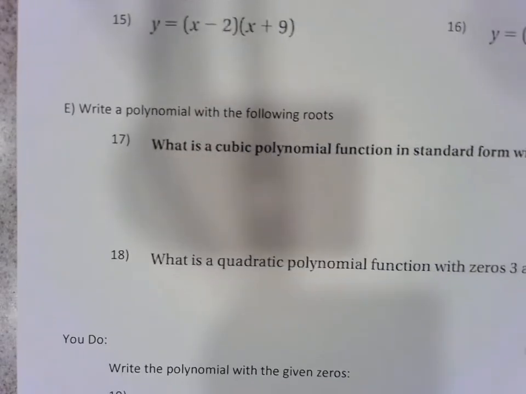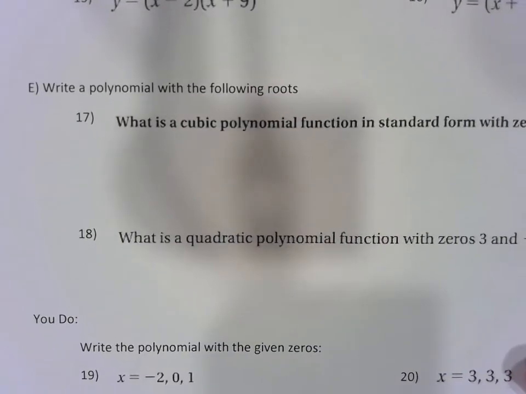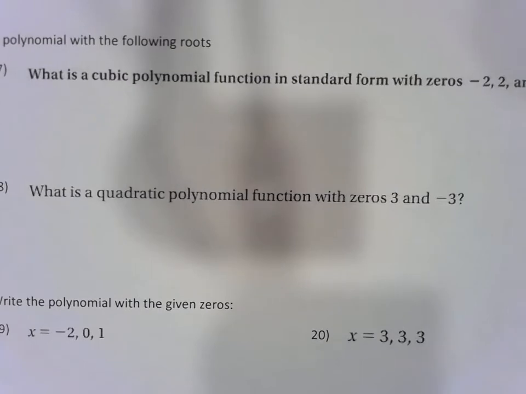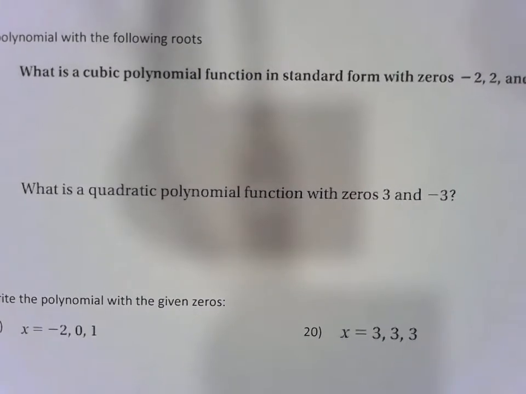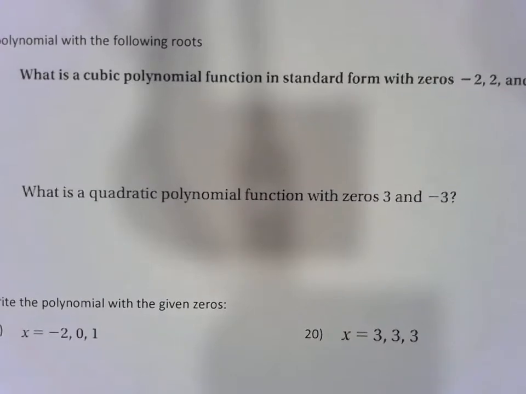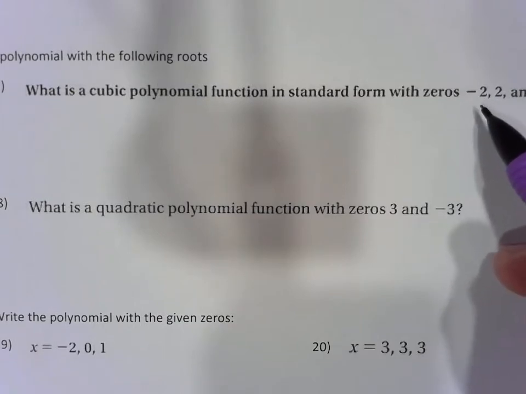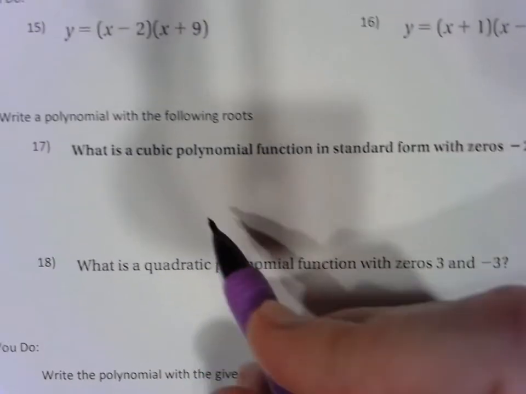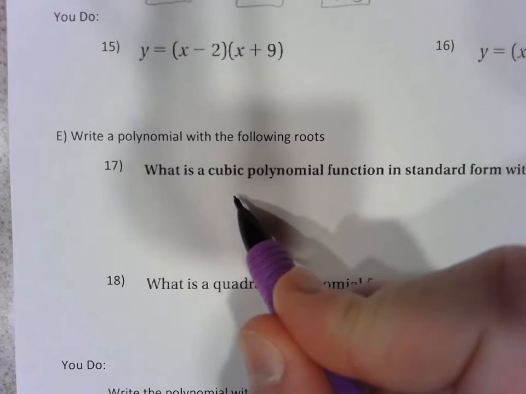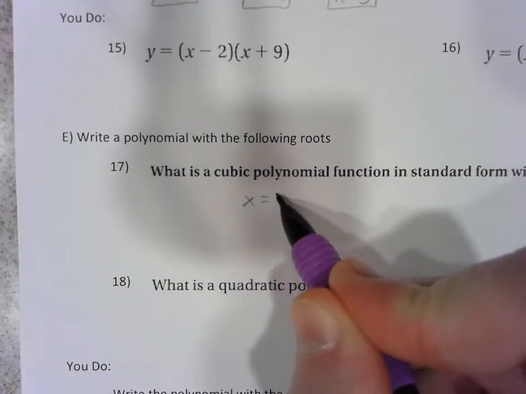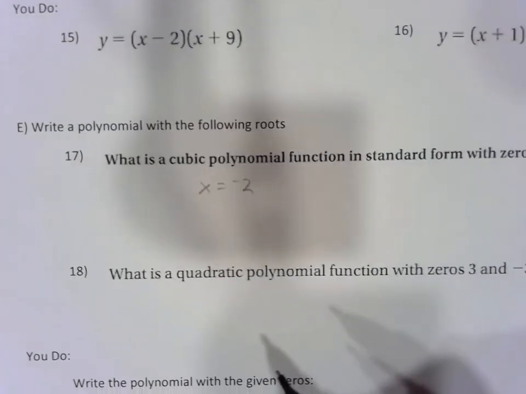In part E, we need to write a polynomial with the following roots. So a cubic polynomial function in standard form with zeros negative 2, 2, and 3. So if these are the zeros, that means that x equals negative 2 is one of our zeros.